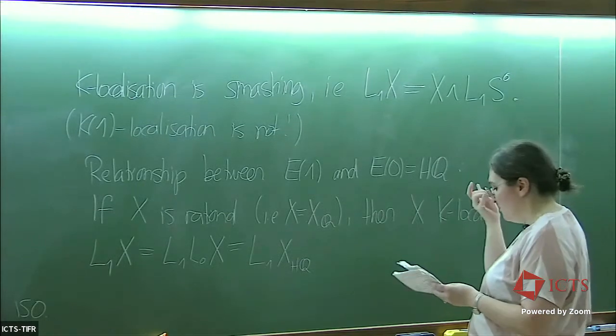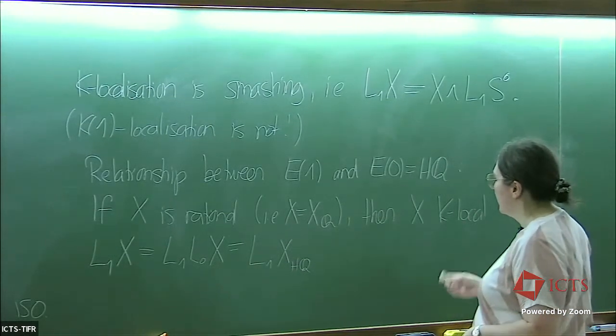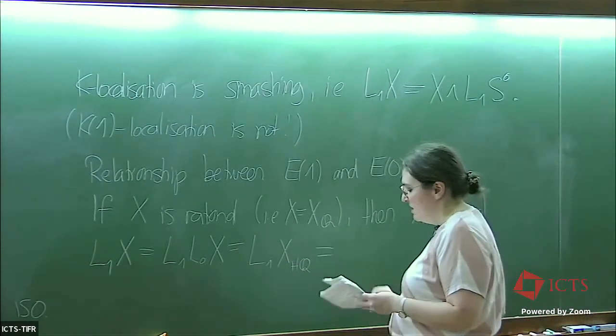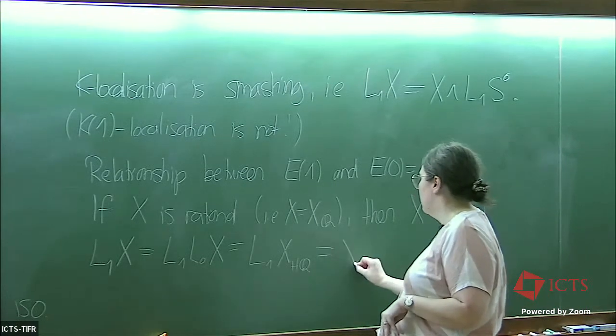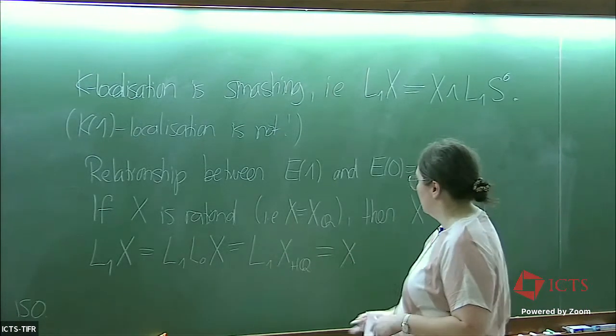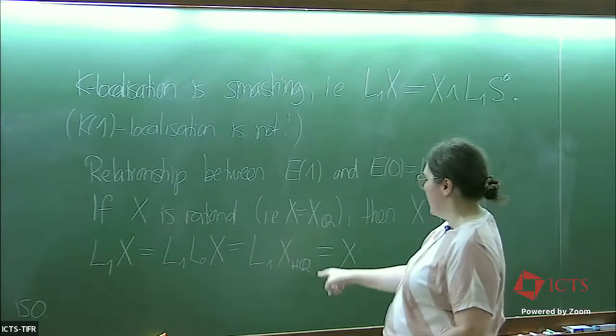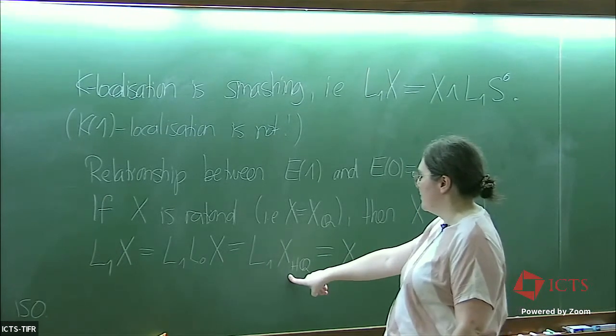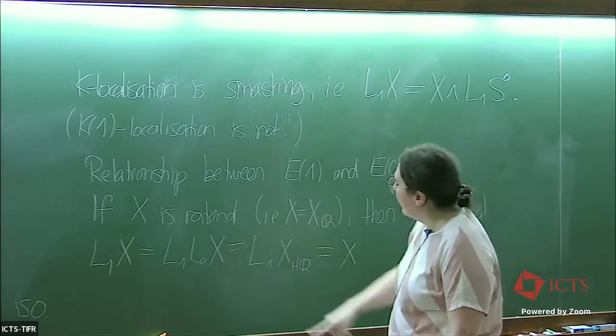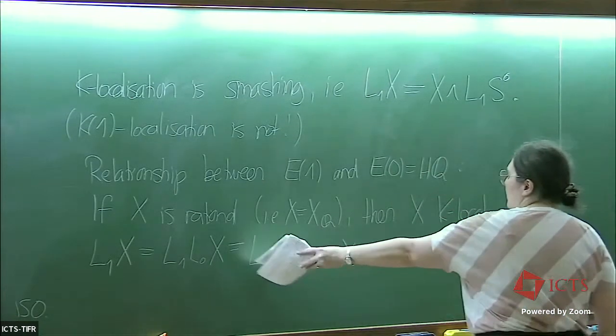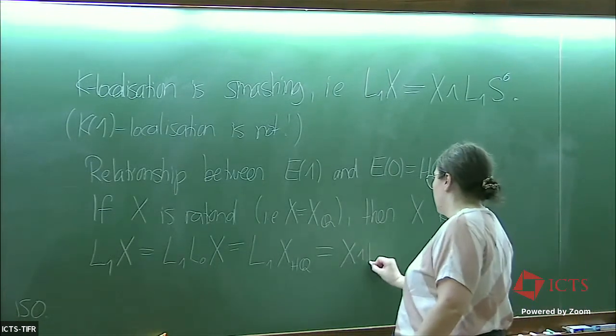And we also know that both localizations are smashing. So doing that is just the same as smashing with the rational sphere, and then again smashing it with the K local sphere.